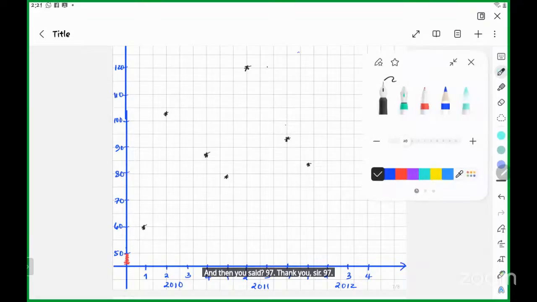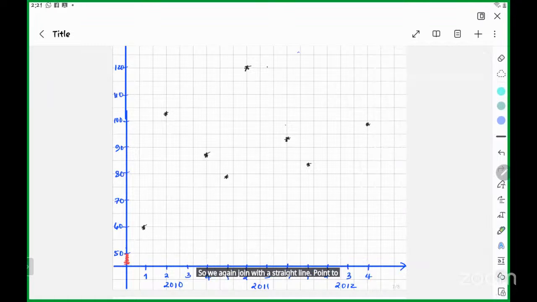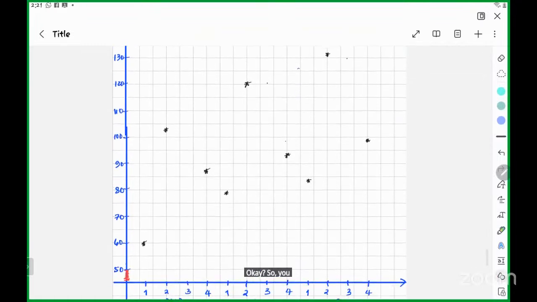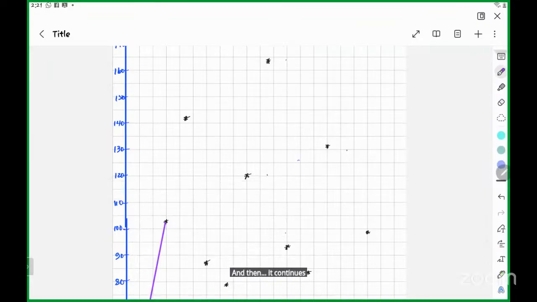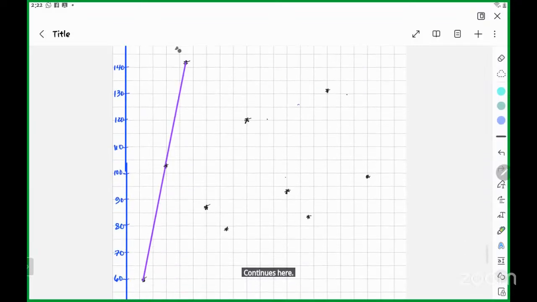So we again join with a straight line, point to point. Okay? So you follow the order. This goes here. And then it continues here, then comes back.